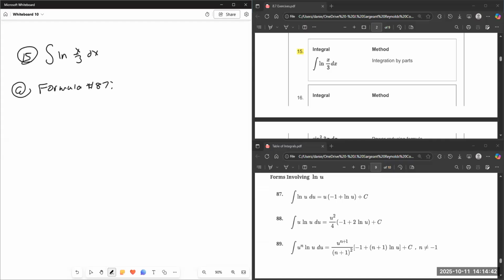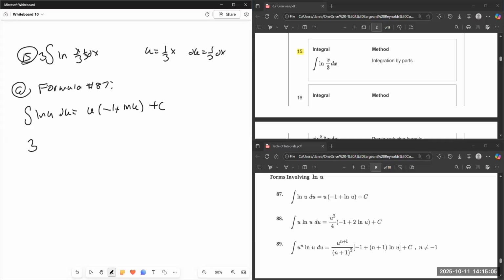Formula number 87 says the integral of ln of u du is equal to u times negative 1 plus ln of u plus c. So u is equal to 1/3 x, du is 1/3 dx. I need 1/3 and I need 3.